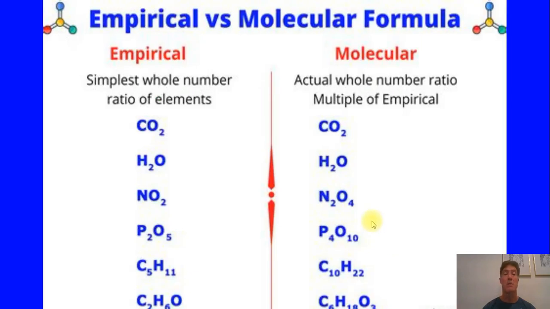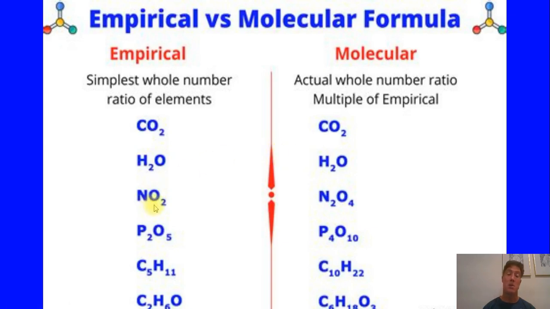So here are some examples of differences between empirical and molecular formulas. The empirical formula is the simplest whole number ratio of elements. CO2 happens also to be the molecular formula. H2O, the empirical formula, also happens to be the molecular formula.